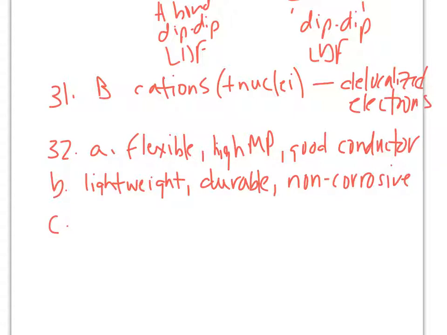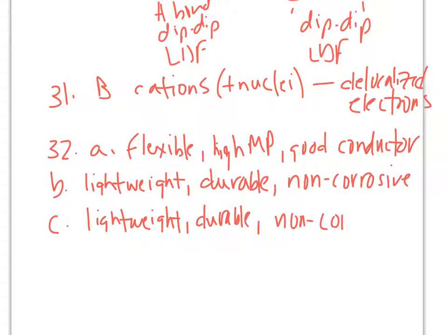C wants to know about cooking pans. Again, lightweight, durable, non-corrosive. Those are all good things for cooking pans. Also being a good conductor is a bonus.